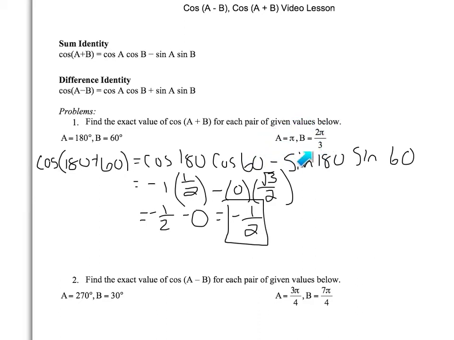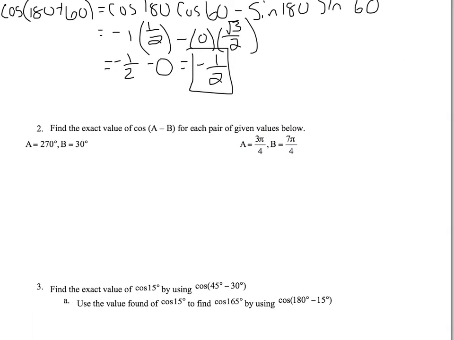But just so you can see how a radian value one works, let's do the one below, the 3 pi over 4 and the 7 pi over 4. The only difference for the one we're about to do is we're going to use the other formula instead, the cos A minus B. So for cos A minus B, it's going to be cos 3 pi over 4 minus 7 pi over 4.